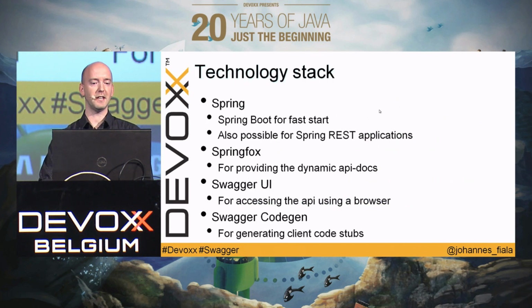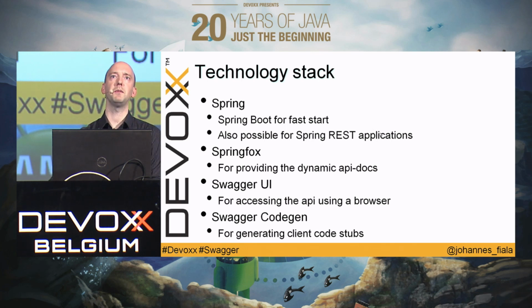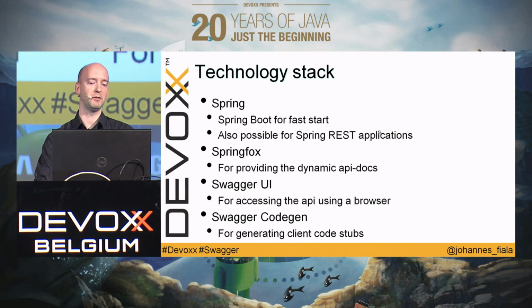The technology stack we will be using for the demos is Spring. I use Spring Boot, but you can use the libraries for Spring REST applications as well. And the next is the Springfox integration libraries.